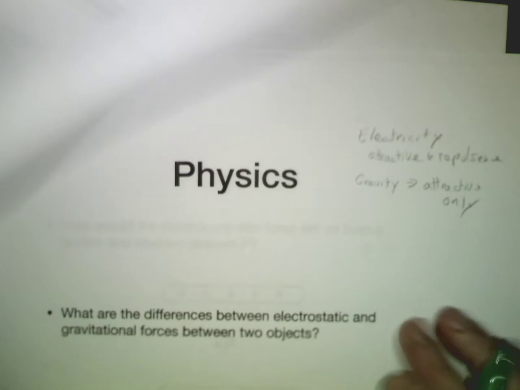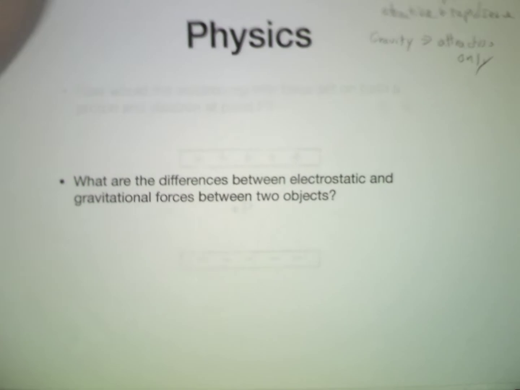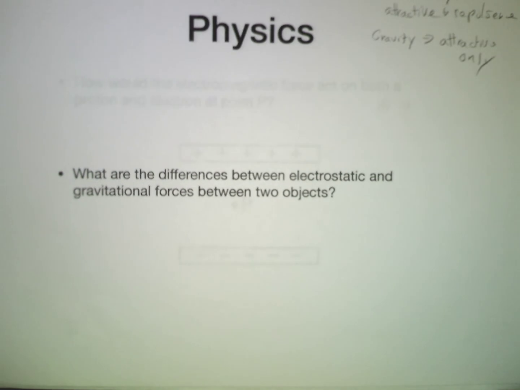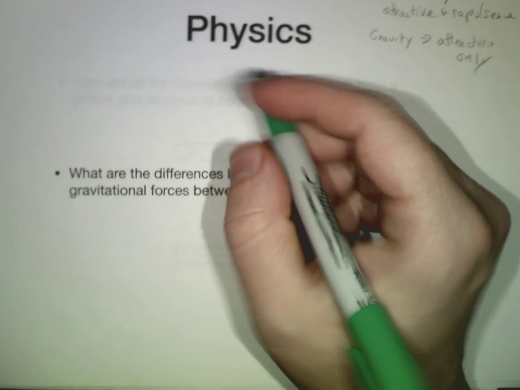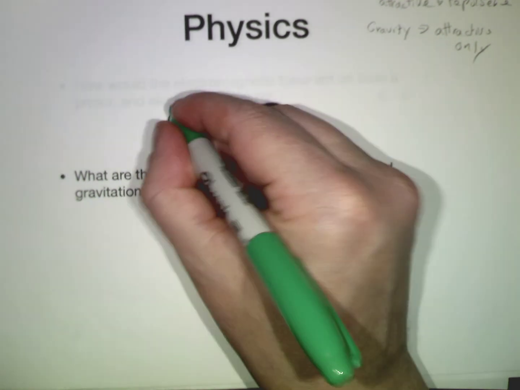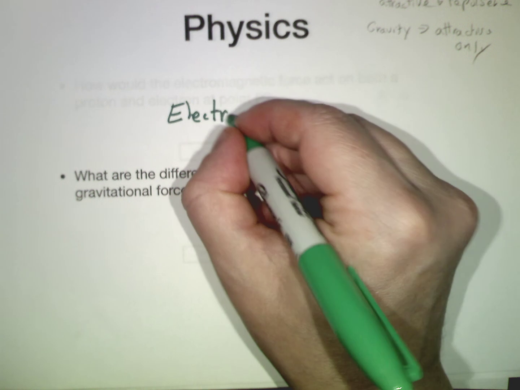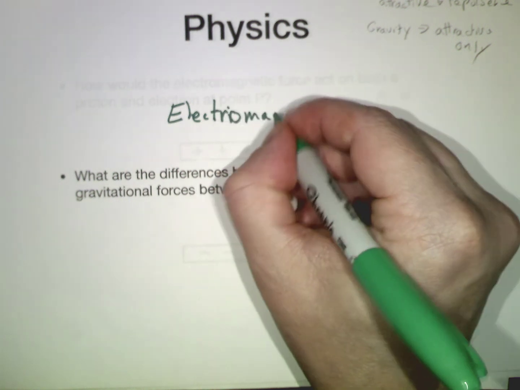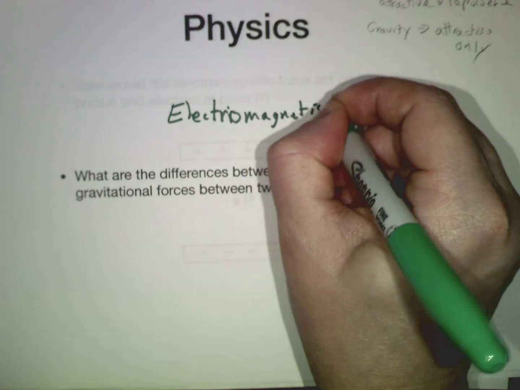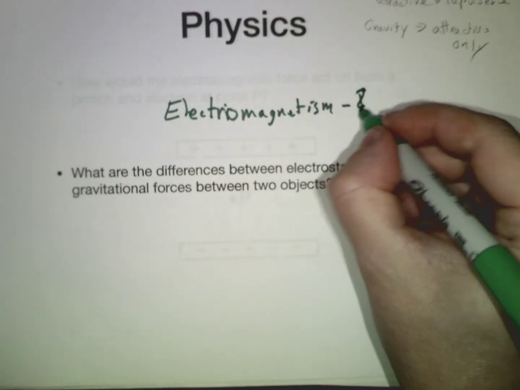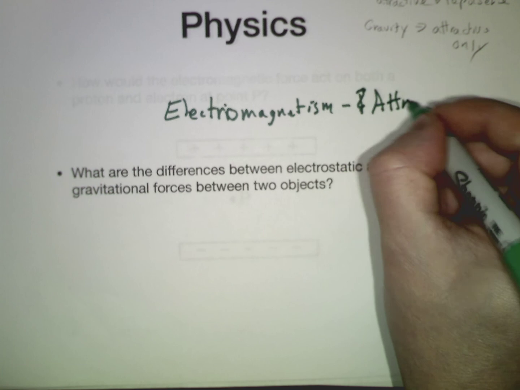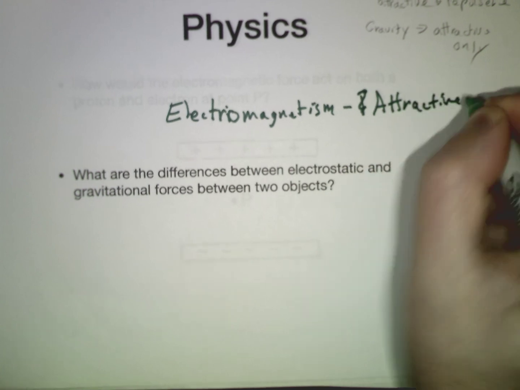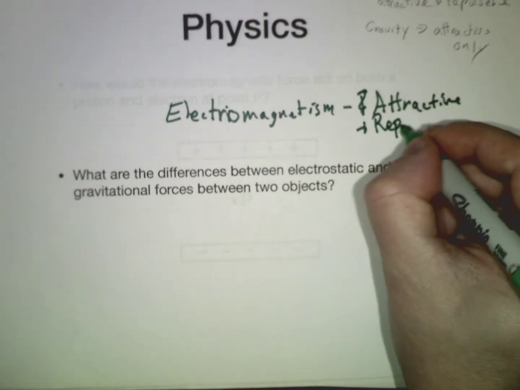Okay, next one. What's the difference between electrostatic and gravitational forces between two objects? Pretty straightforward. Electricity, or electromagnetism, or electrostatics, can both be attractive and repulsive.